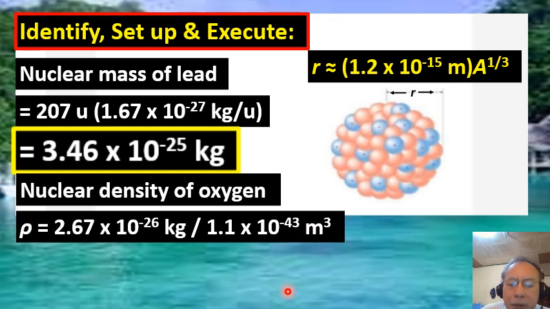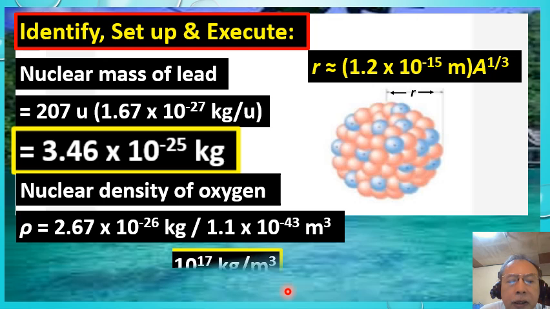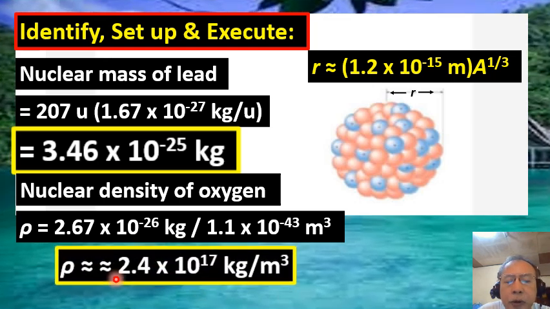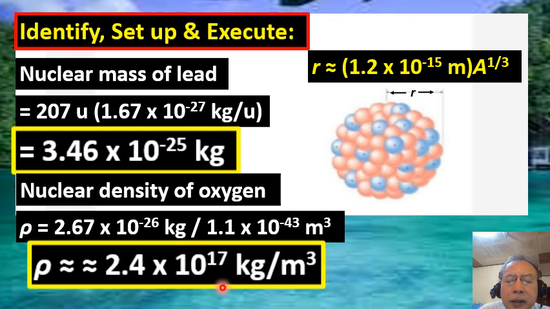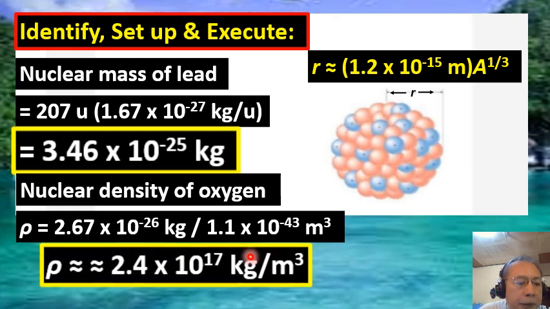When we do our math, we find that the nuclear density of oxygen atom is equal to 2.4 times 10 to the 17 kilogram per meter cube.